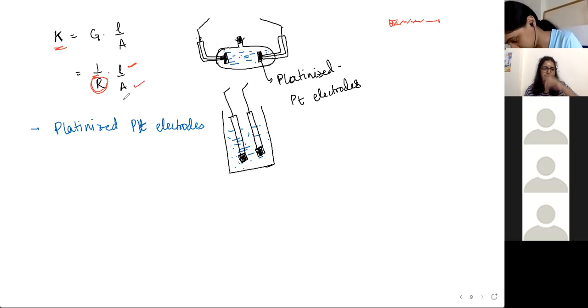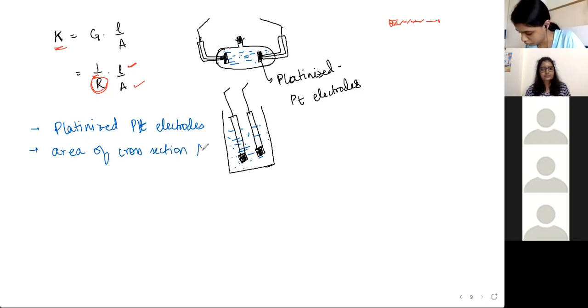Then the area of the electrodes, the area of cross section A: you can see how much area is dipped into the electrolyte, so that much area is available for conducting. That is the area of cross section.